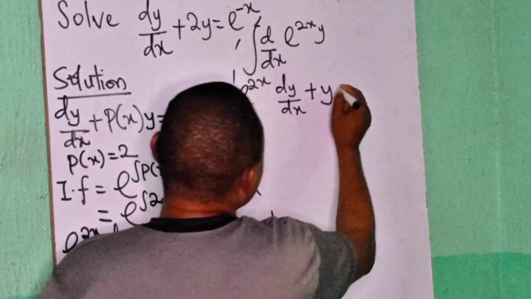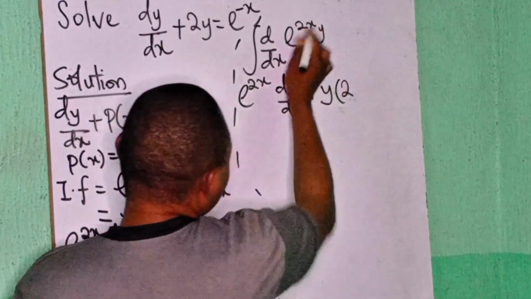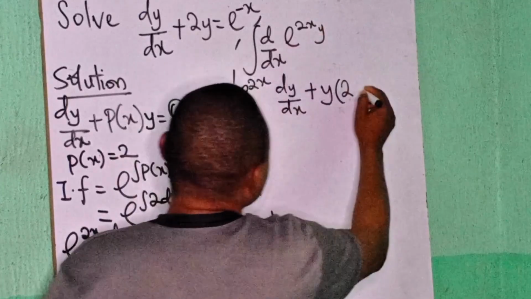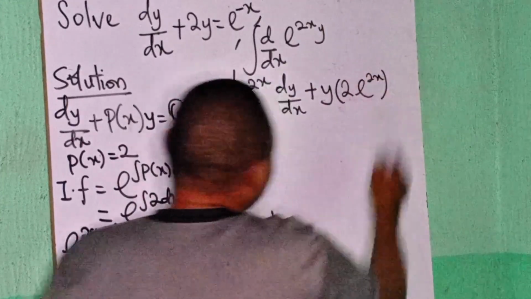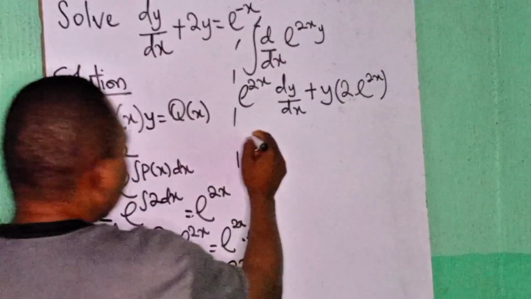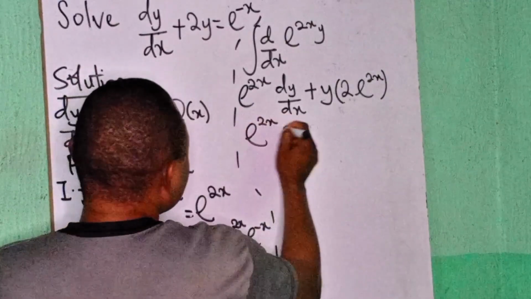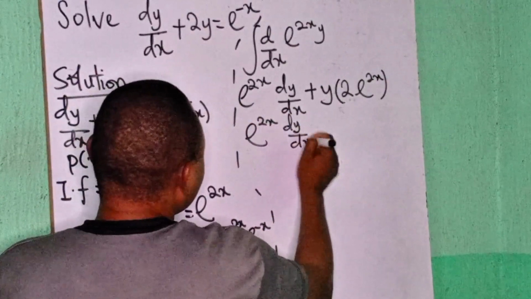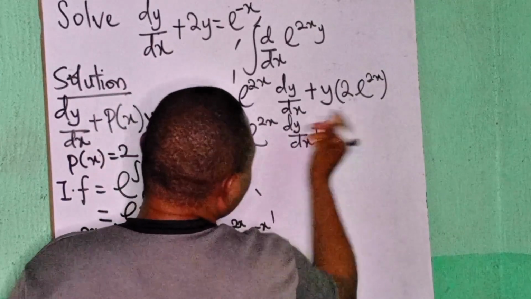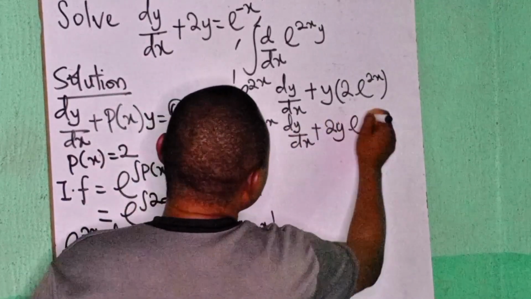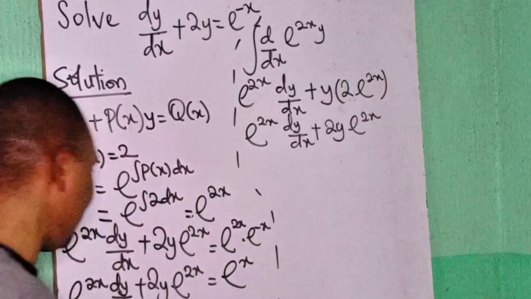If I differentiate this, I bring down 2 and write e to the 2x. Now at the end of the day, I'll be having e to the 2x dy/dx plus 2y e to the 2x. Okay, I've proved it here.